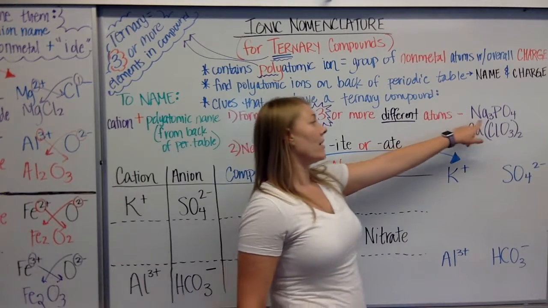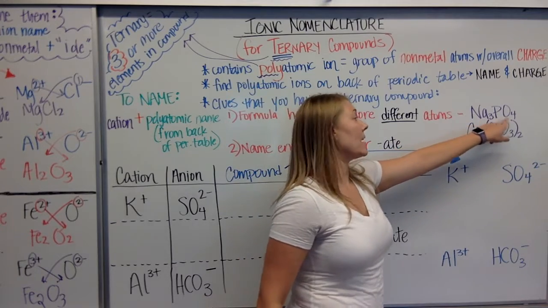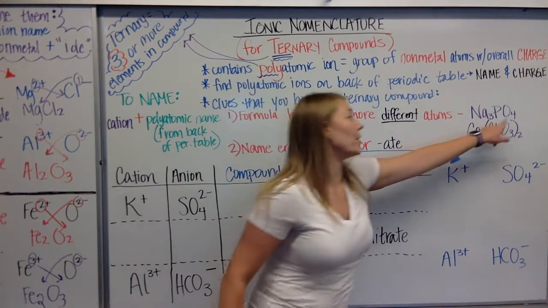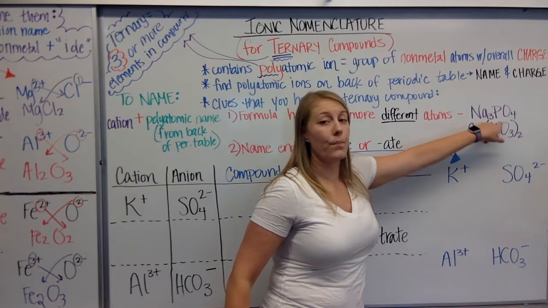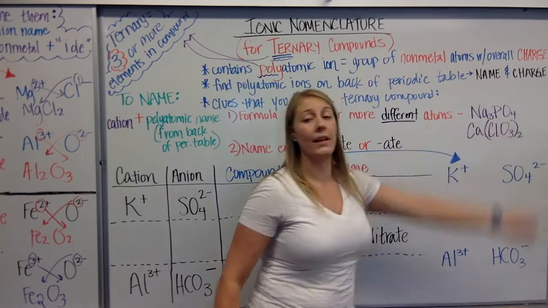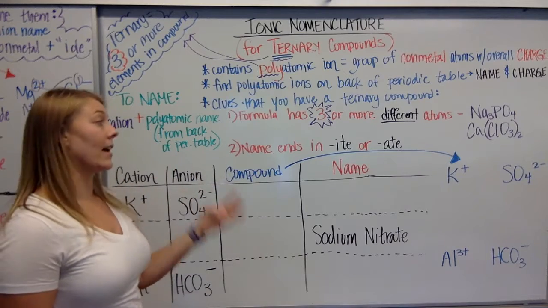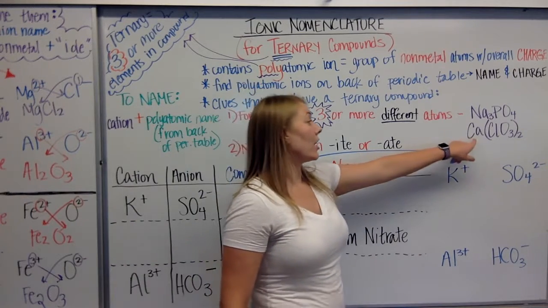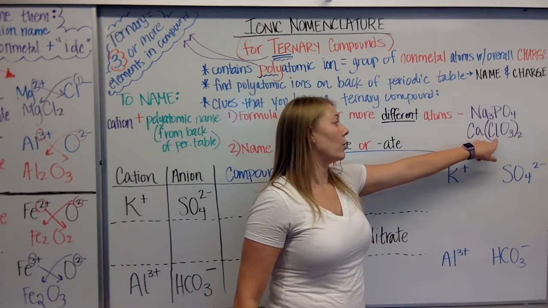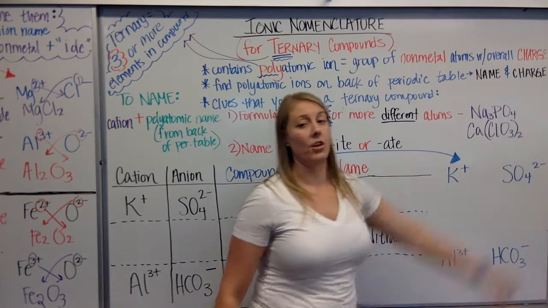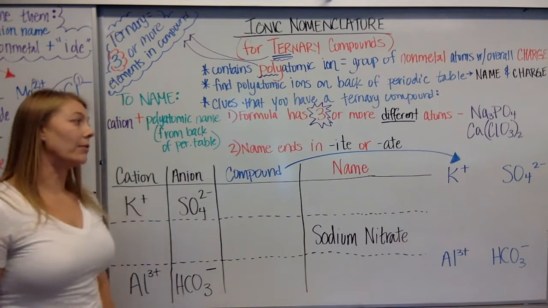So you can see here, there's Na, P, and O. This is a capital O, right? So it's not P lowercase o. This is a capital O, meaning that's a different element. So that's 3 elements, sodium, phosphorus, and oxygen. Here, calcium, chlorine, and oxygen. We have 3 atoms right there as well.